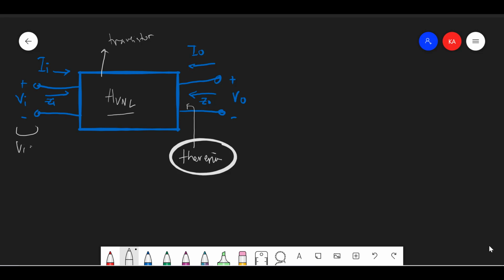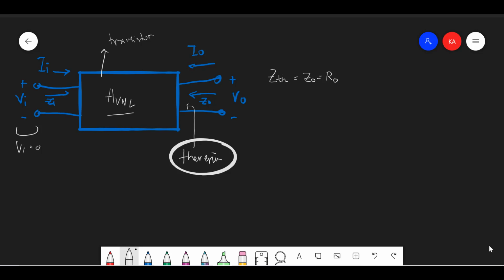So we get that the Thevenin impedance, ZO at the output, is equal to RO. RO is the output resistance of the transistor.